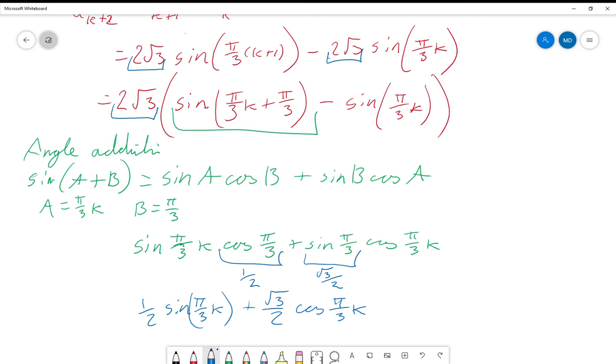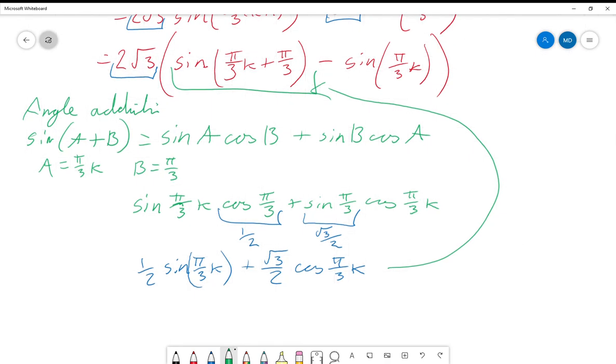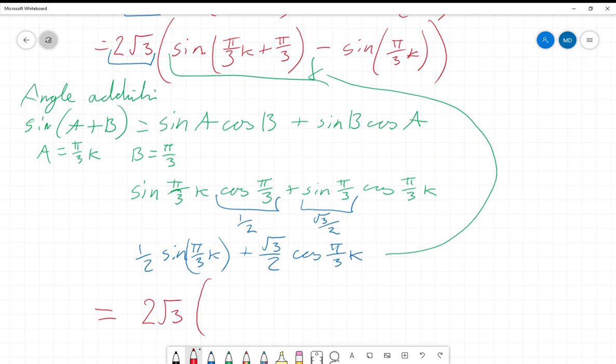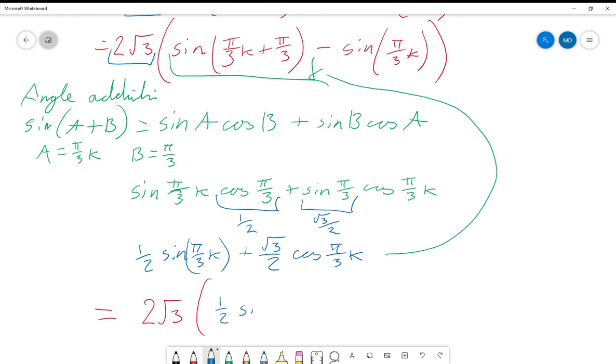And now all we want to do is substitute that back into here, and so we're going to get 2 root 3 lots of 1/2 of sine of pi over 3k plus root 3 over 2 cosine of pi over 3k minus sine of pi over 3k.